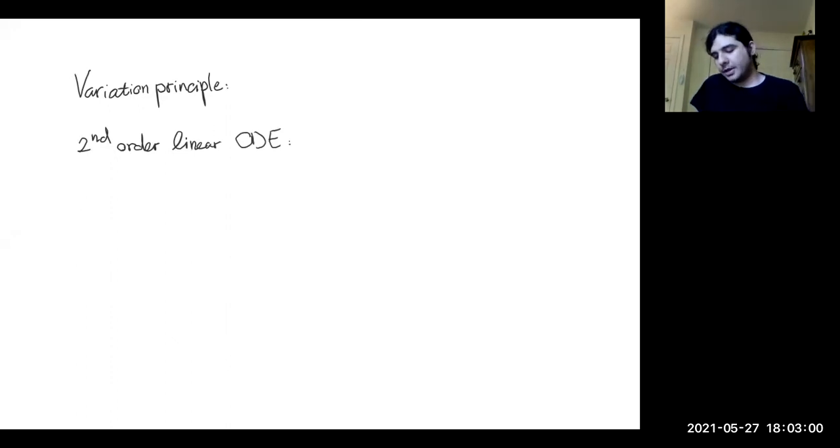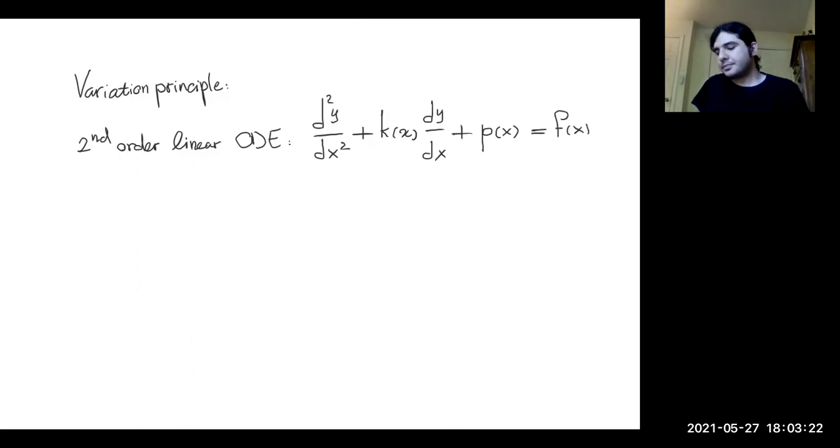So it would be something like this: the second derivative of y with respect to x plus some function times the derivative of y with respect to x plus another function is equal to f of x.